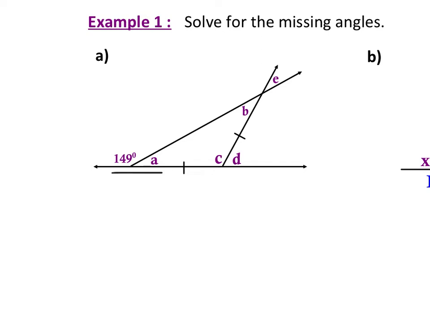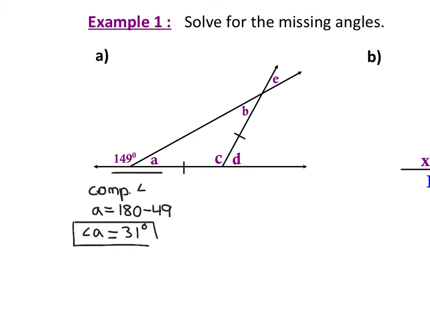So if we want to solve for A, we could use the complementary angle idea. We would know that A is equivalent to 180 degrees subtract 49. So we know that angle A is 31 degrees. And then what I would do is, in your work, try to highlight that just so you're not getting confused.